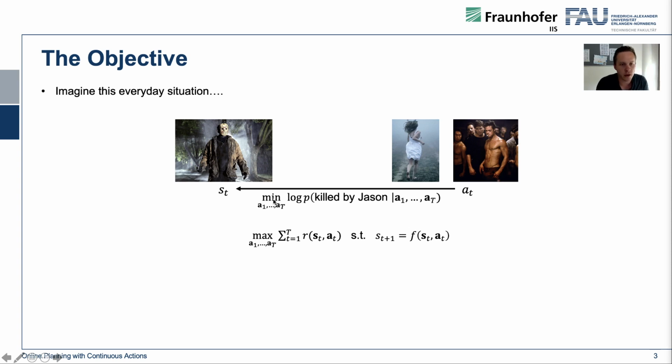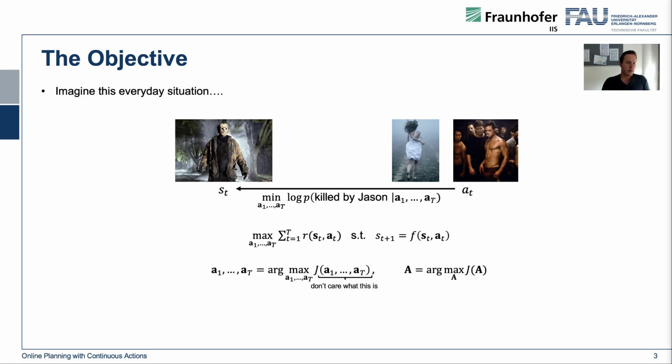In other words, to frame this in the model-based reinforcement learning setting, you want to maximize the reward you can get out of your MDP, or find the action sequence that maximizes the sum of cumulative reward, such that the state s_{t+1} is a function of your forward dynamics model f of s_t, a_t. So this is the reinforcement learning perspective on the problem.